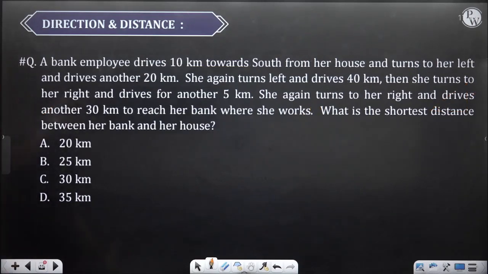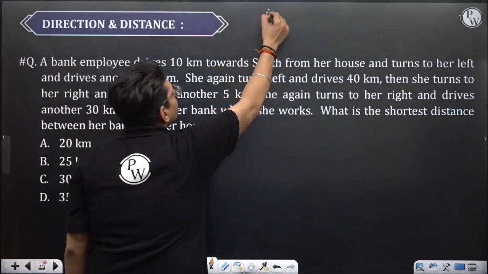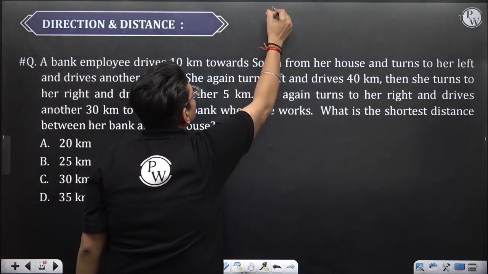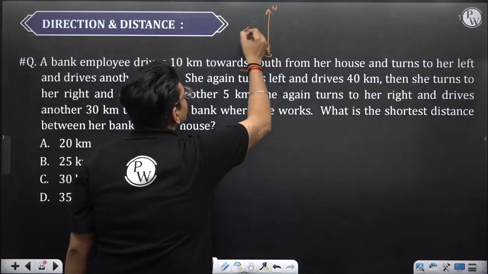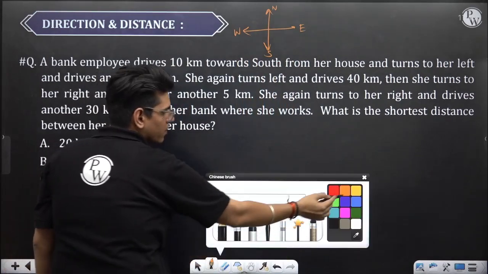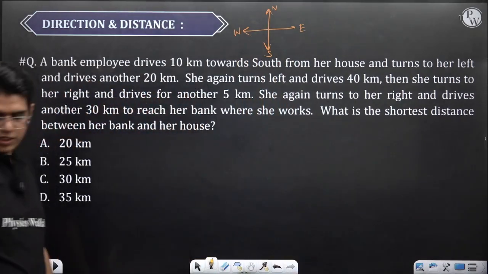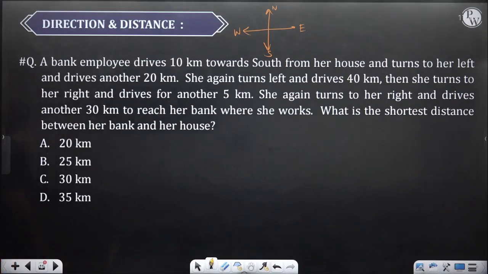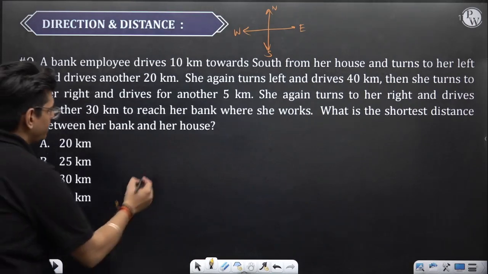A bank employee drives 10 kilometers towards south. In every question, try and make the main direction first before solving the question. This is your east, this is your west. Okay. Now let's look at the question. The question is saying the bank employee drives 10 kilometers south. Okay.